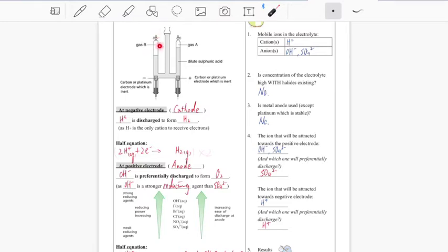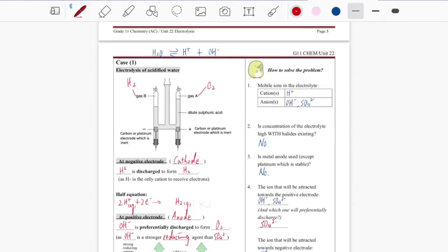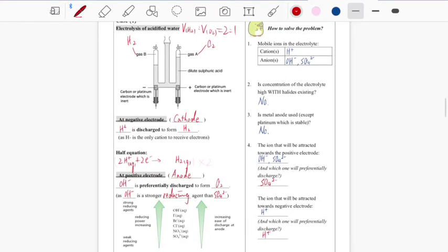So we will be able to label the two gases here. Gas B should be the hydrogen gas and gas A should be the oxygen gas. The reason is that the volume of hydrogen gas and the volume of oxygen gas should match their mole ratio, which is 2 to 1.